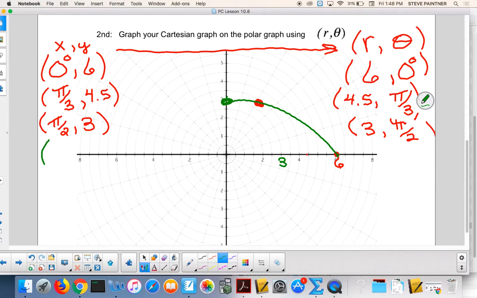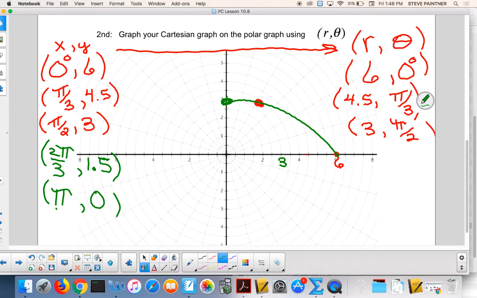Okay, what was the next point after 90? I believe it was 2/3 pi. And then it was pi. What was 2/3 pi? Wasn't it 1.5? Yeah. What was pi? Zero. Are you guys looking, right? Look at your graph.